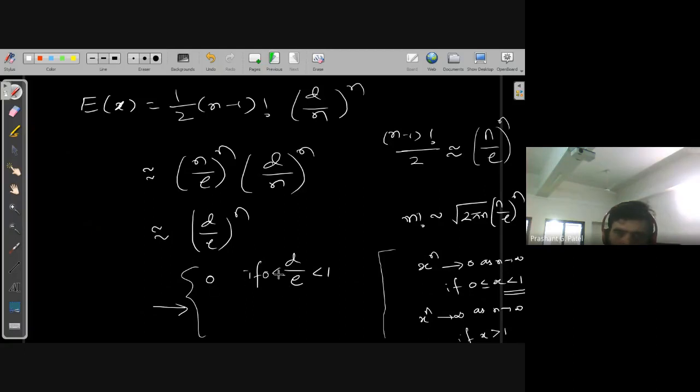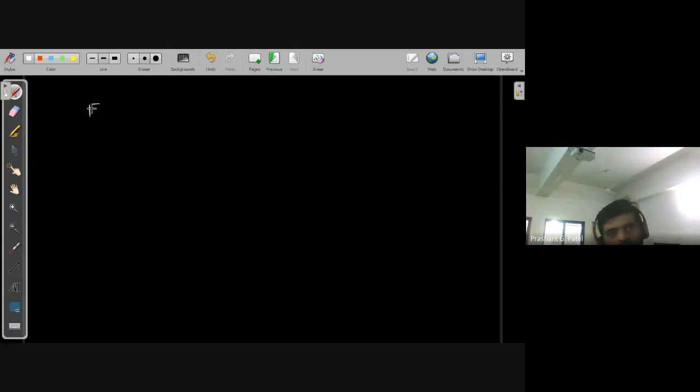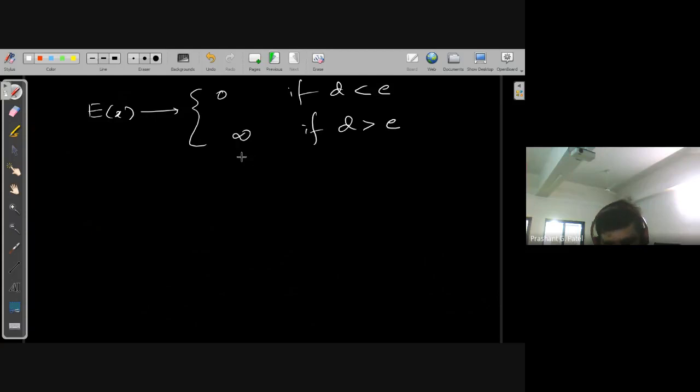So if d by e is between 0 and 1, then it will tend to 0. And if d by e is greater than 1, it is infinity. So finally, what we can conclude here is the expectation will tend to 0 if d is less than e, and is infinity if d is greater than e.